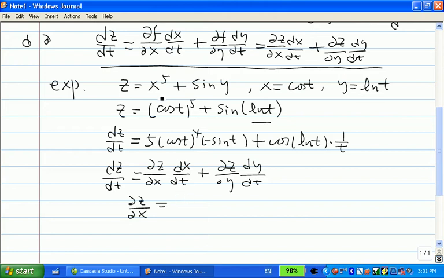So the first term gives you 5x to the fourth, plus the derivative of the second term, and since you treat y as a constant, you get plus 0. Partial z with respect to y: this time you treat x as a constant. So the first term gives you 0, plus the second term's derivative with respect to y gives you cosine y.